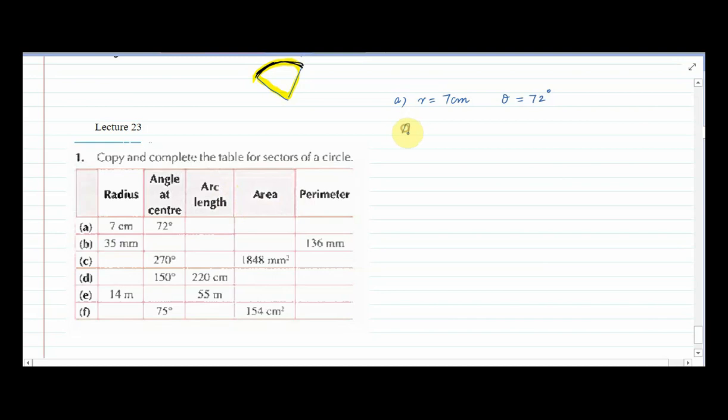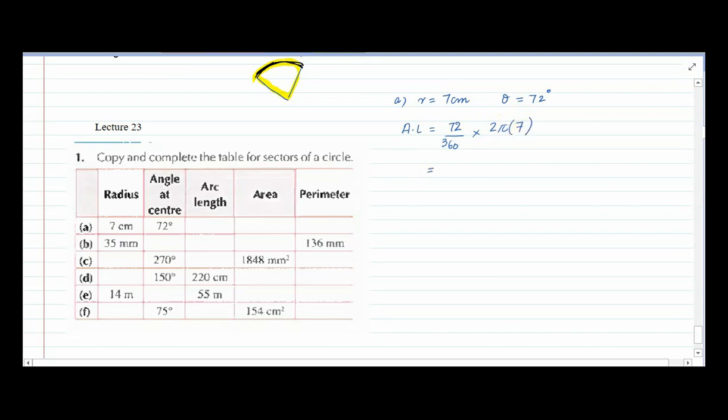Starting with the arc length, so arc length is angle divided by 360 multiplied by 2 pi r, right? And the value of r is 7, so I'm just placing the value 7.